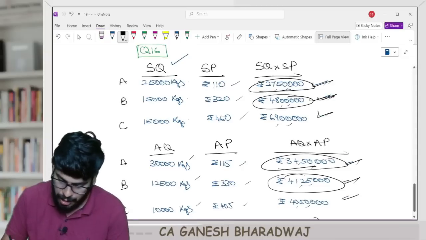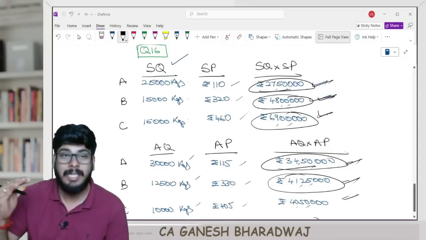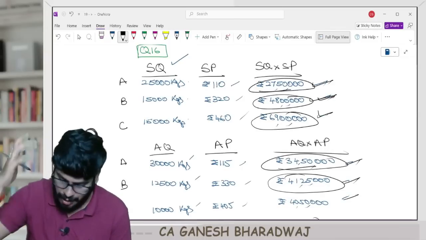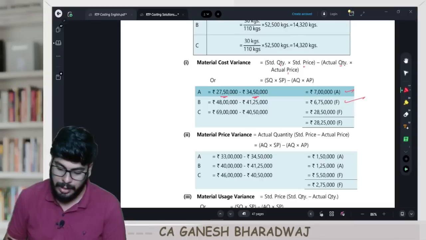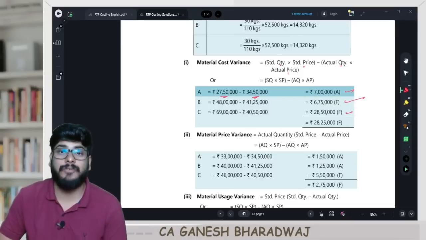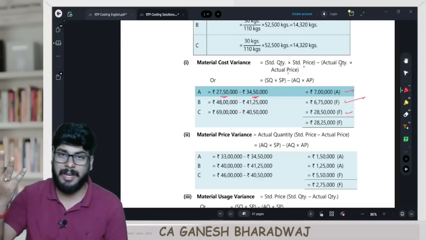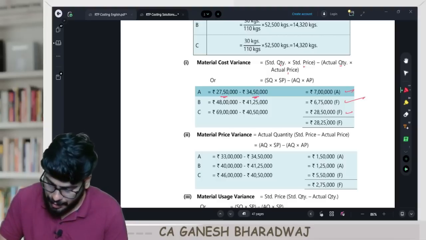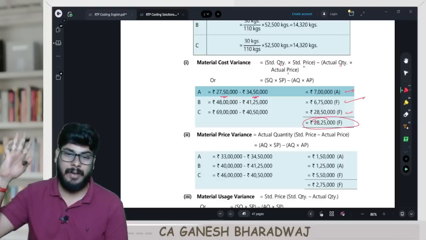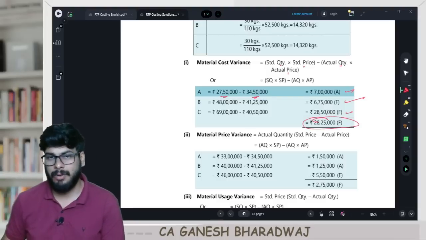For C, the standard material cost is 69 lakhs, however you have actually incurred only 40 lakh 50,000. There is a difference of 28.5 lakhs, a favorable variance. Your actual is less than your standard. If you add up everything, you get 28 lakh 25,000 favorable variance. Are you clear with this?